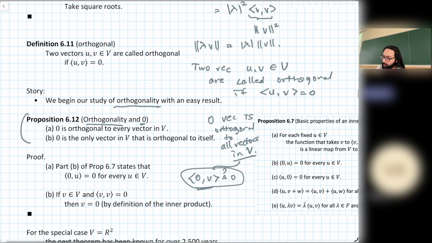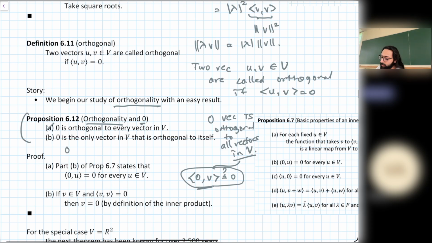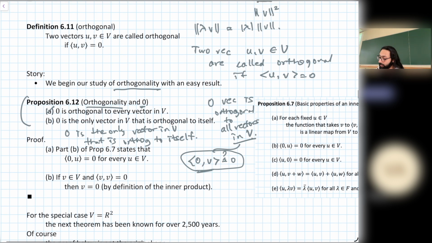So the first part we already proved. The second part says that 0 is the only vector in V that is orthogonal to itself. What does that mean? Suppose v is some arbitrary vector.